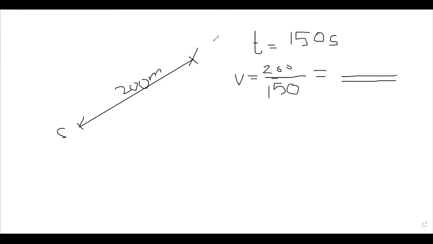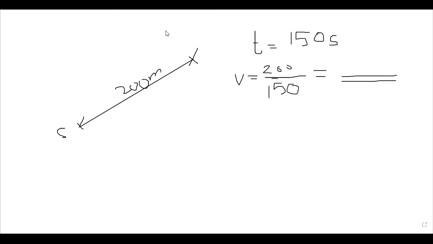How can we find the direction in a case like this? We first of all draw a horizontal line and a vertical line. We need to know the angle between this line and this line. This is the displacement line.